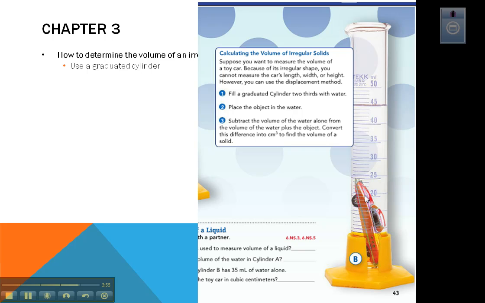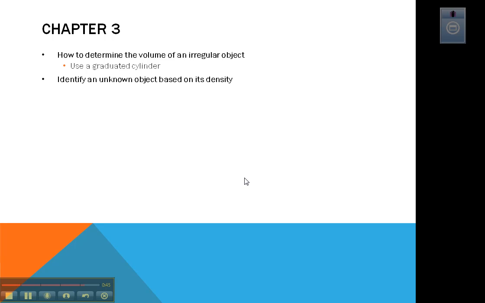We're going to drop that object down. We've got a nice little cruiser car here that we've dropped in. And then we are going to subtract the volume of that water from where we started. So if we started at 40, let's say, and it went to 45, then our answer is 5 milliliters.